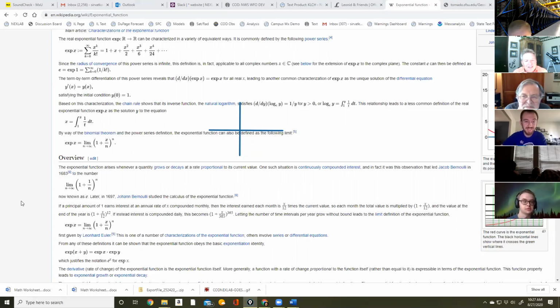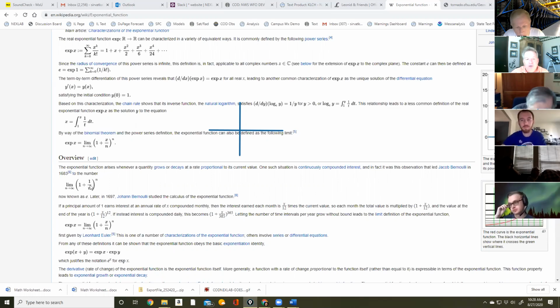Okay, so let's think about this for a second. 1 plus 1 over n, to the nth power. Let's imagine that n is 1. So if I plug in 1, and I start with that, and then I add 1 to it, I get 1 plus 1 is 2 to the first power is 2.